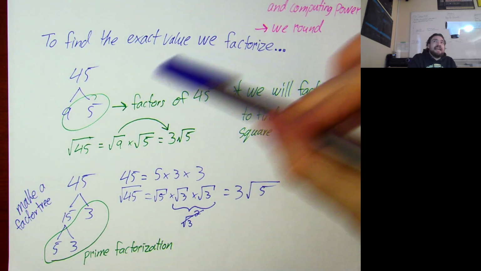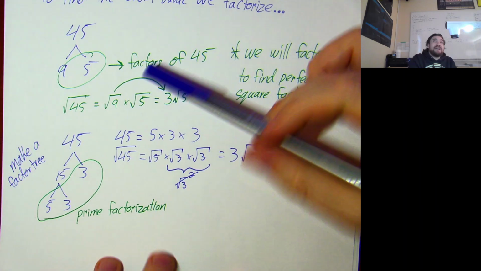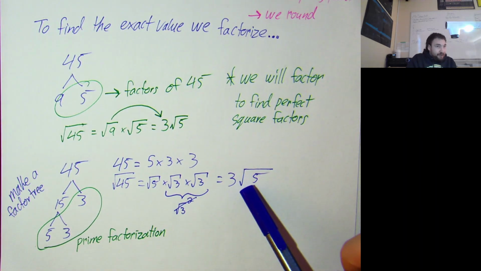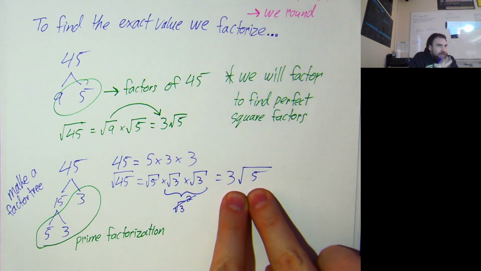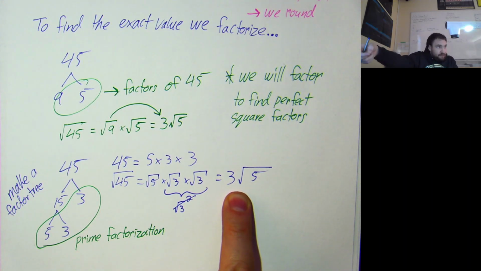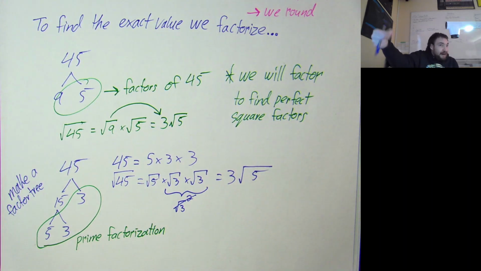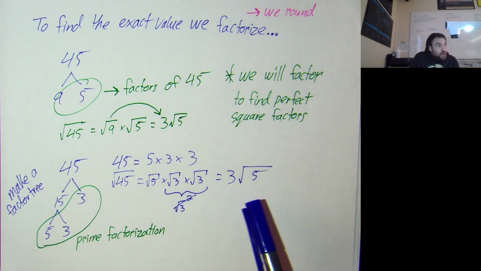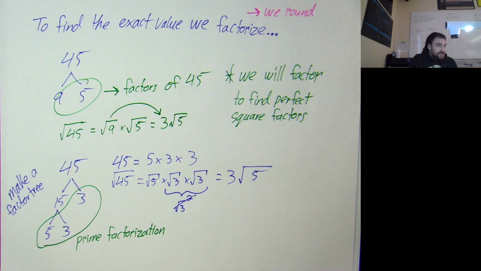By using this technique, factorizing to find an exact value, we can take this value, whether you like it or not is irrelevant, and do more things with it, knowing that that final answer is still exact because my values along the way are exact. It's like using 1/3 as a fraction versus 0.33. 0.33 is not an exact value. 1/3 is the exact value. 0.33 is a rounded approximation.